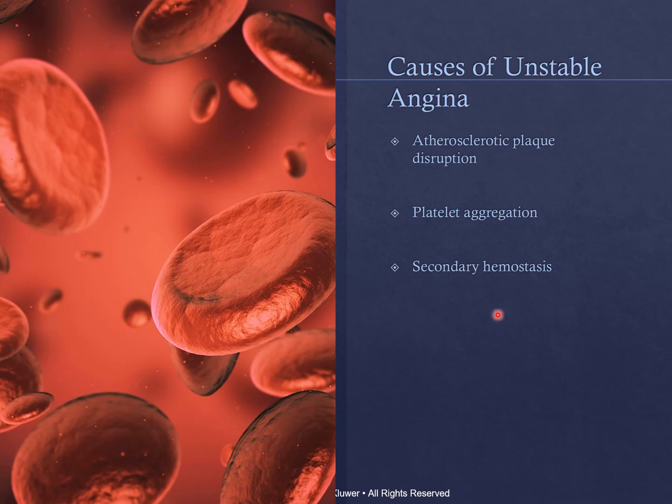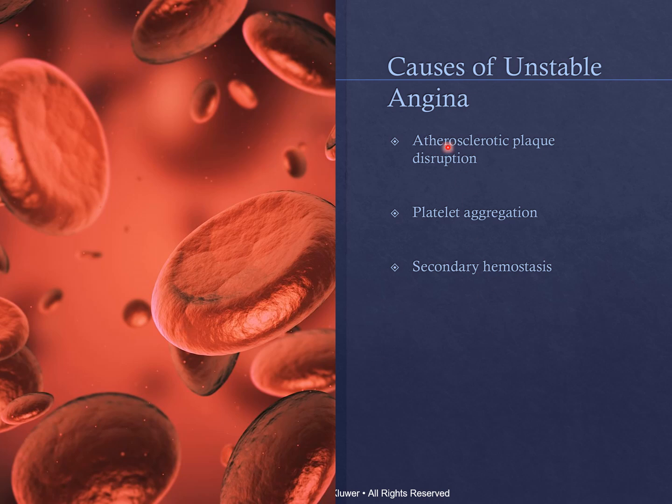So what causes angina to become unstable? Well, as you recall back to the picture with our stable versus unstable plaques, one big reason this might happen is because one of those atherosclerotic plaques within the artery may have become disrupted, and that leads to a certain amount of platelet aggregation to that site, and some secondary hemostasis or slowdown of that blood flow through the coronary arteries.